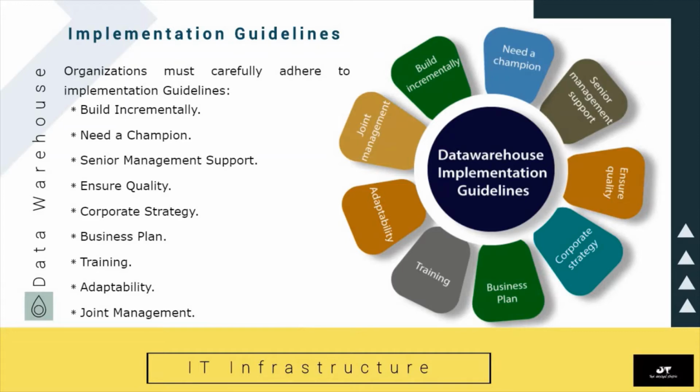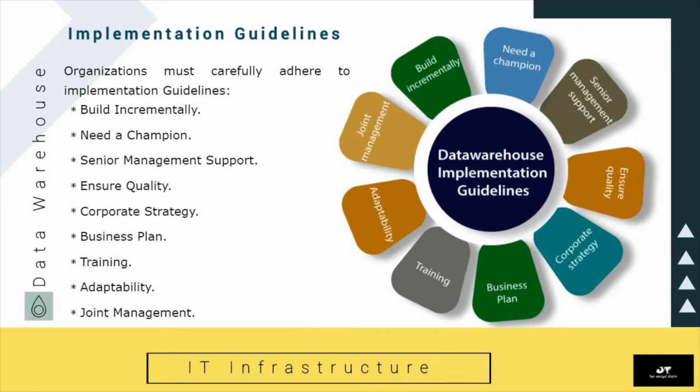Sixth, business plan. The financial costs of hardware, software, and manpower, expected advantage, and a project plan for a data warehouse project must be clearly outlined and understood by all stakeholders. Without such understanding, rumors about expenditure and benefits can become the only source of data, and subversion of the project.